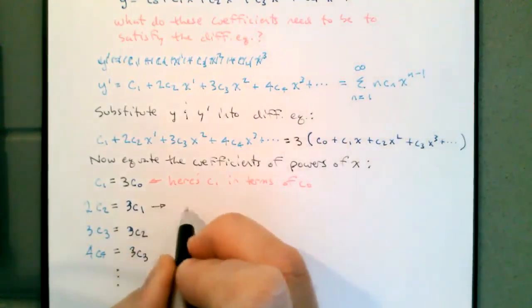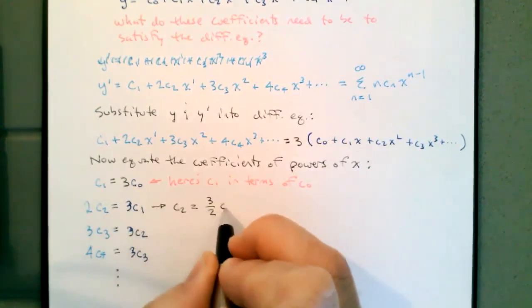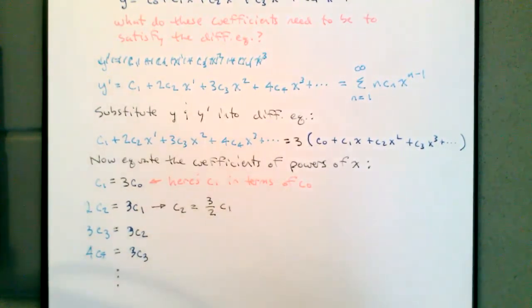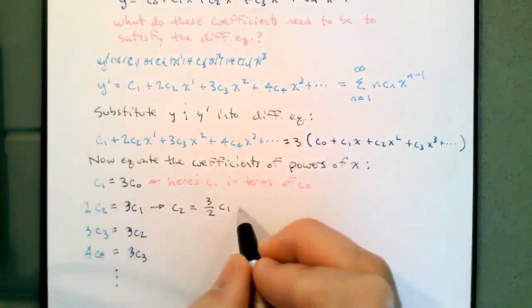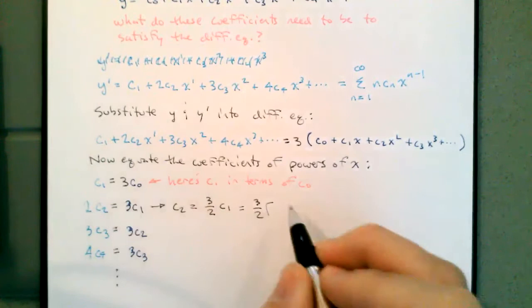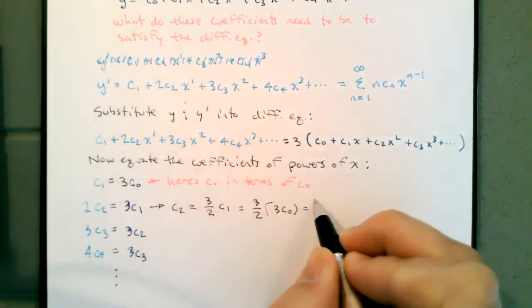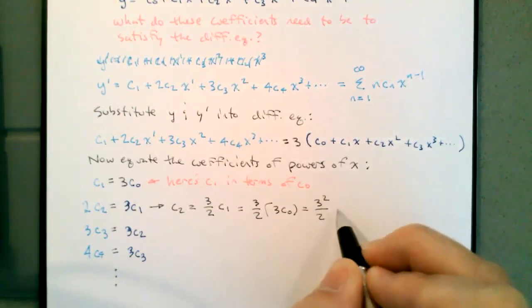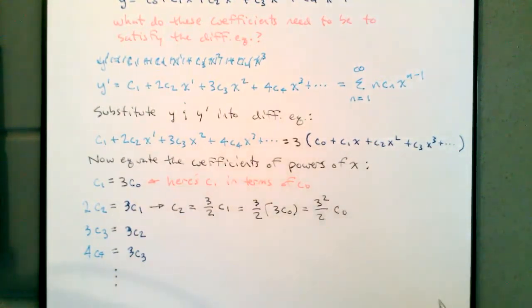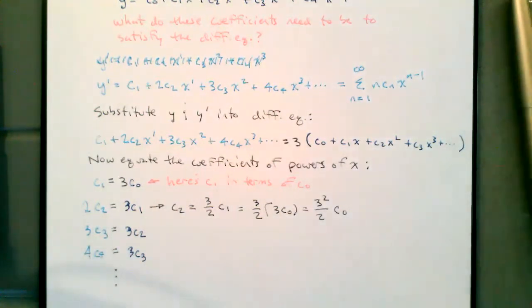This tells us that c2 is 3 over 2 times c1. But c1 is 3 times c0. So c2 is 3 halves times 3c0, so it's going to be 3 squared over 2 c0. Now I've written c2 in terms of c0 as well.